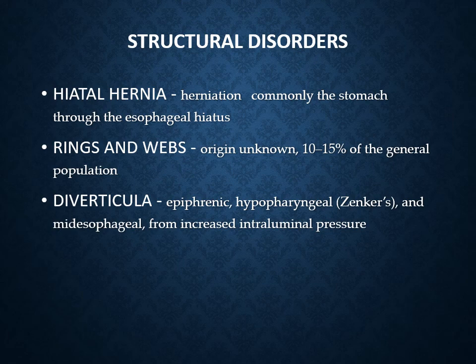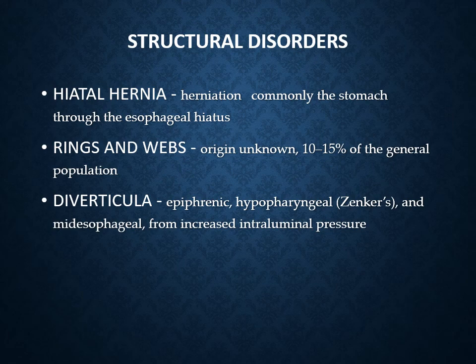While the rings and webs, the origin is unknown, they are seen in about 10 to 15% of the general population and are usually asymptomatic. When the lumen diameter is less than 13 mm, distal rings are usually associated with episodic food dysphagia and are called Schatzky ring.